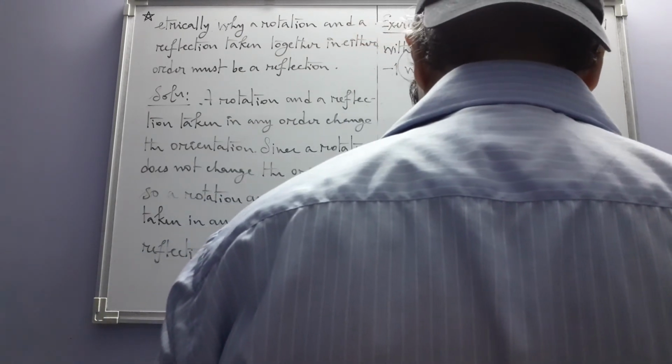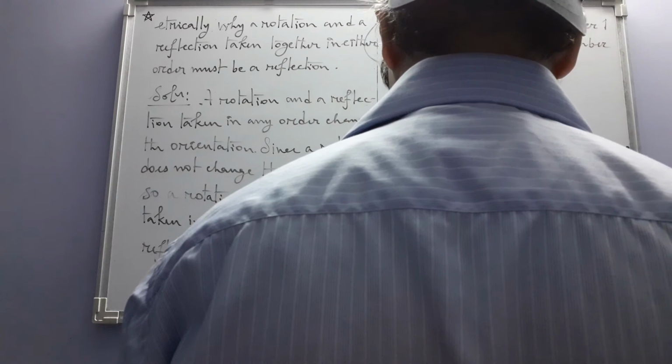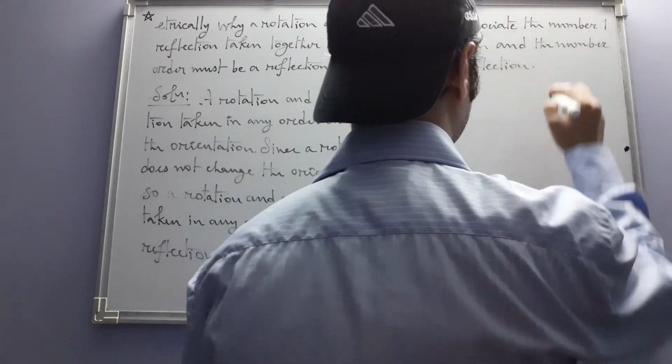Describe an analogy between multiplying these two numbers and multiplying elements of Dn.